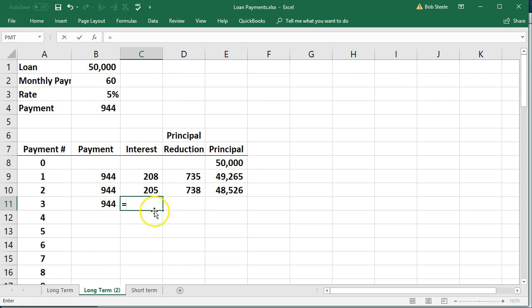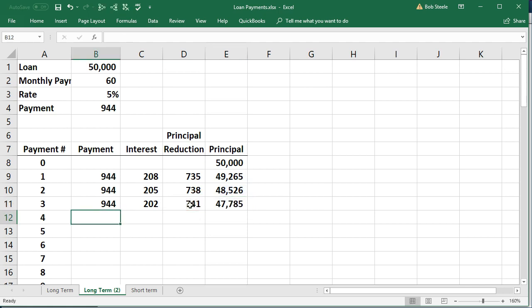Interest is going to equal the new principal times 5% divided by 12. And then the principal reduction is going to be equal to the 944 minus the 202. Then the new principal is going to be equal to the prior principal minus the 741.